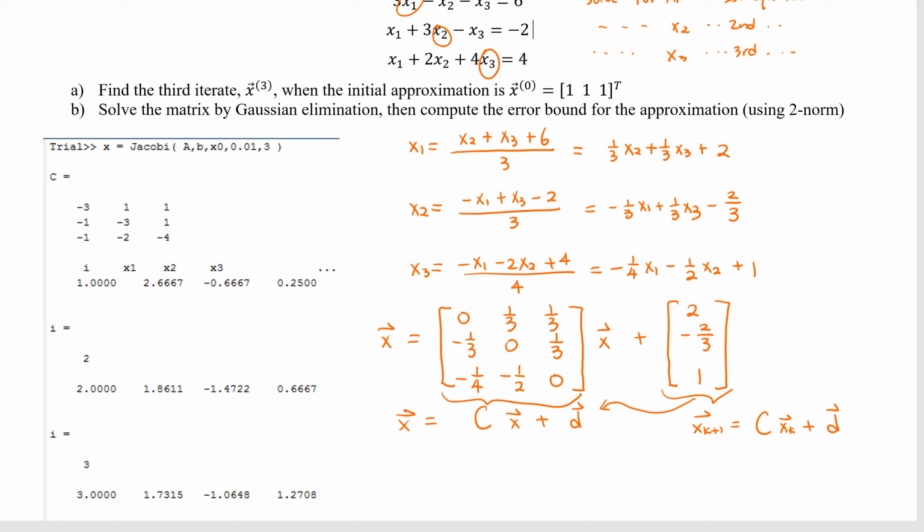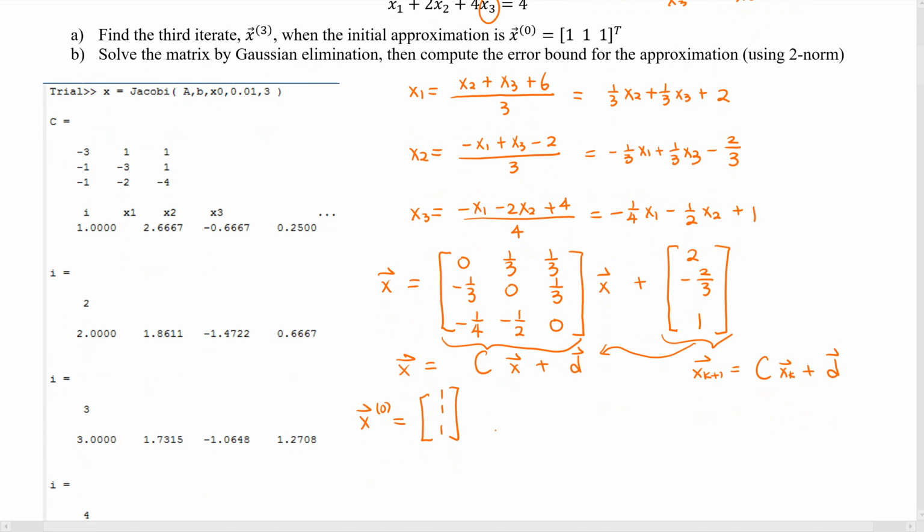Alright, now we can start. x0, the zeroth iteration, we assume to be (1, 1, 1). Okay, now x1 is C times x0 plus d. What's C?